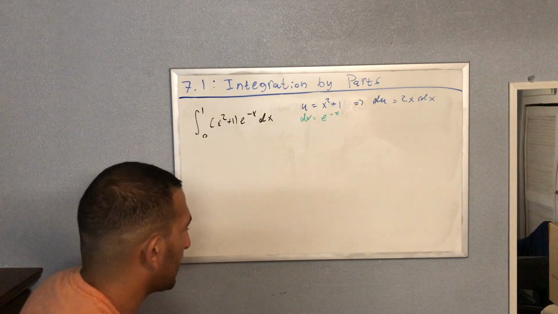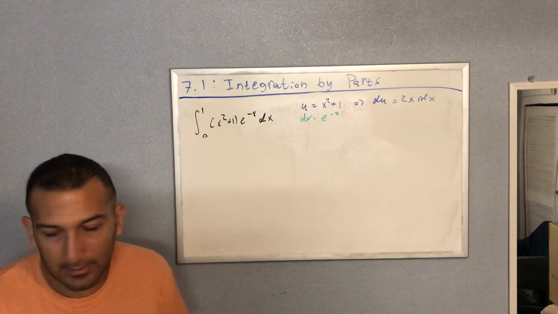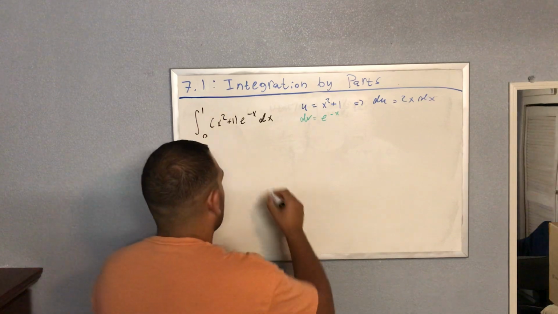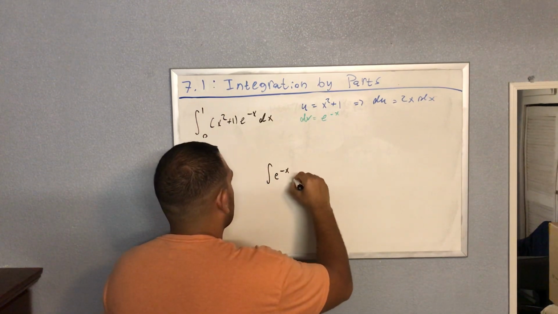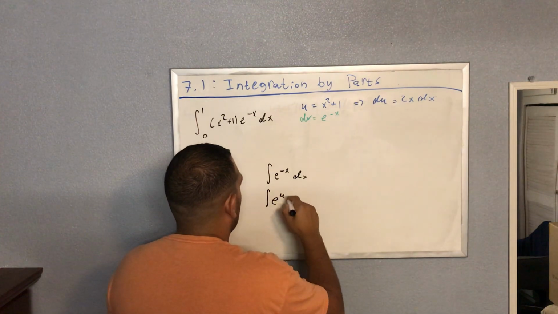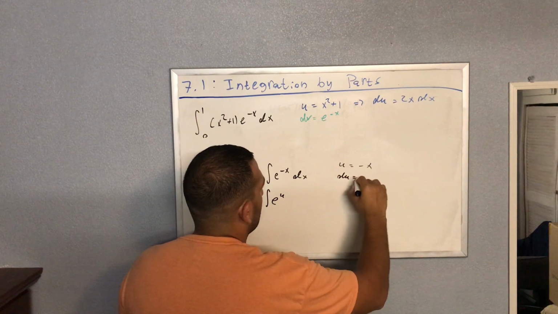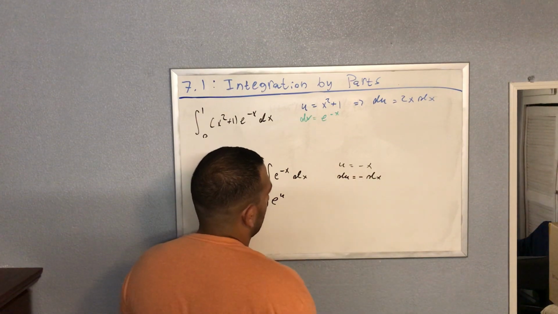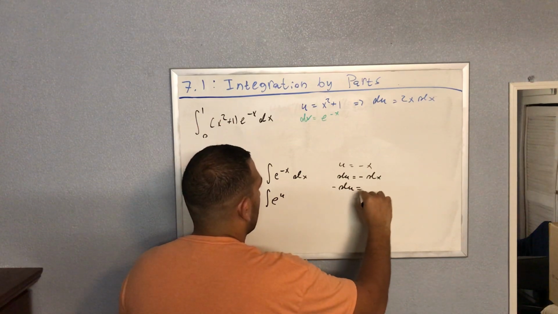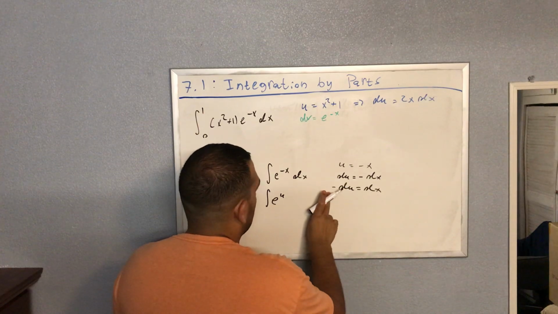And now you may be asking yourself, what's the integral of e to the minus x? We'll just do that off to the side. The integral of e to the minus x can be done with a very quick u substitution. You let u be minus x. So then du is negative dx. And when you toss the minus sign to the other side, this is what we get. To interchange dx with du, you just pick up a minus sign.